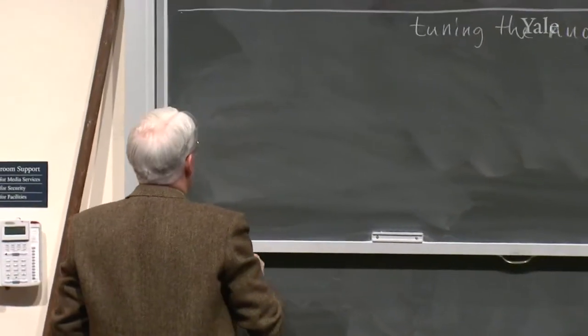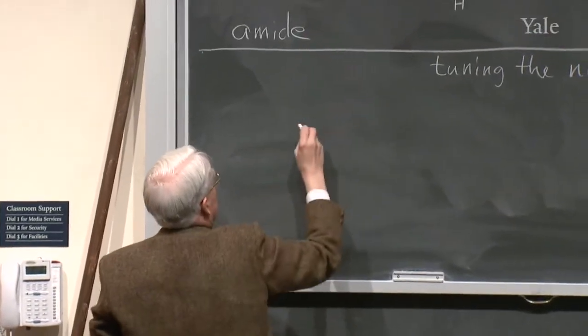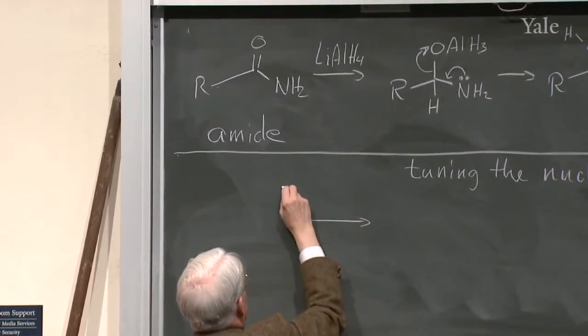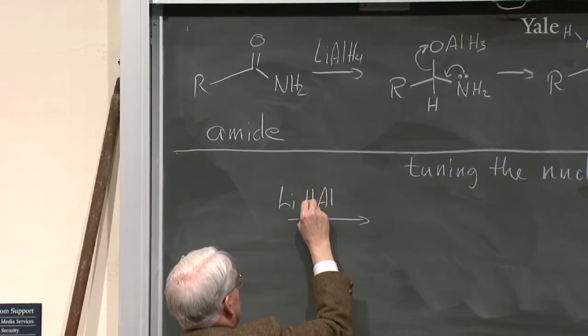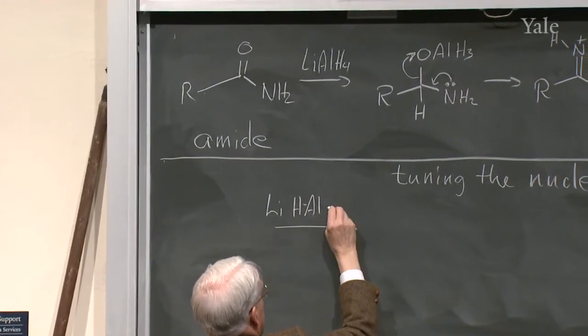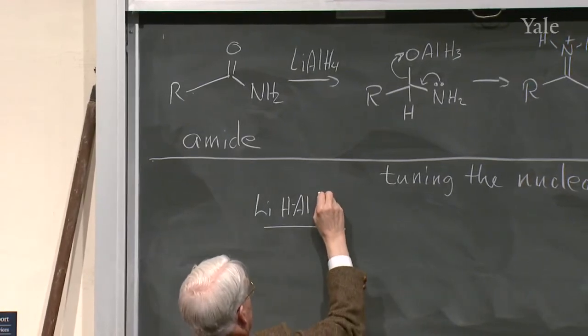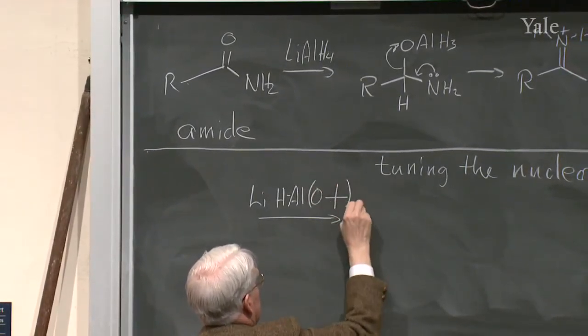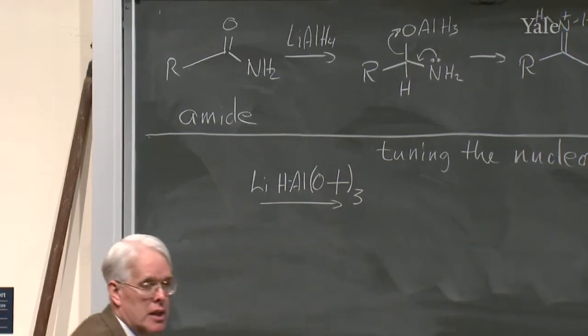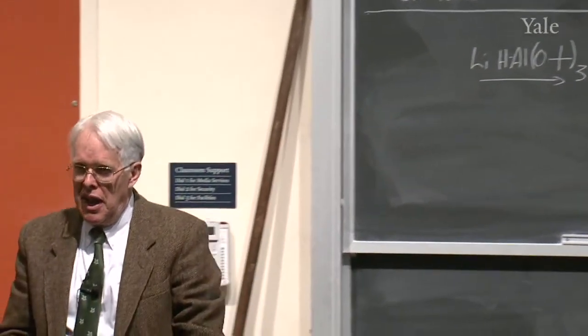So for example, instead of using lithium aluminum hydride, use a lithium aluminum hydride that instead of having other hydrogens on it, has O-t-butyl taken 3 times. Now there are 2 things about having that in place of hydrogen. The first is that the oxygen is electron withdrawing.